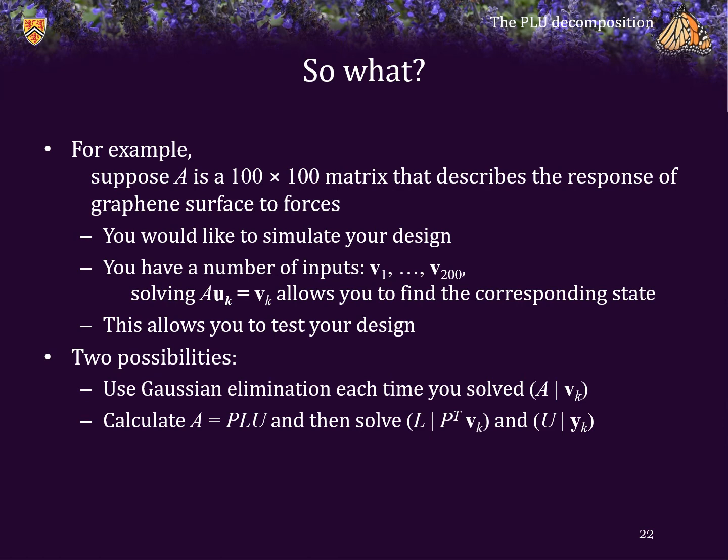And again, the upper triangular matrix is in row echelon form. So now we are simply for every single target vector applying forward substitution and then backward substitution.